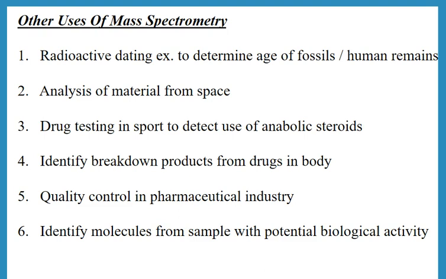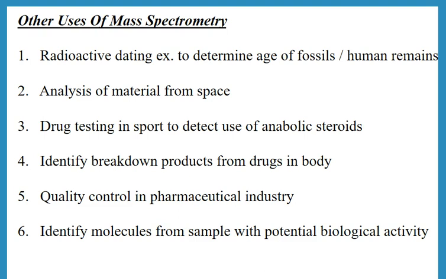The most common use in our everyday life is drug testing in sports. Remember that in sports it is prohibited to use anabolic steroids. So in many of the competitions they test the athletes for anabolic steroids, and this can be done by mass spectrometry.